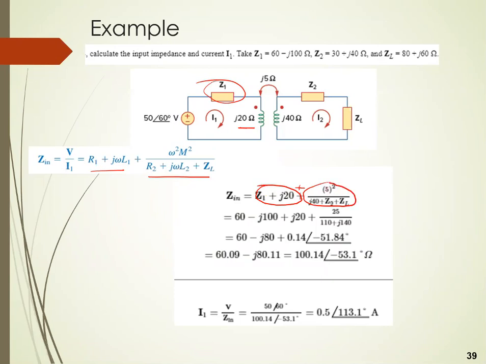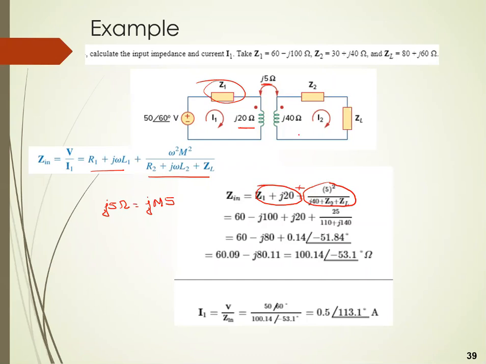So the reflected impedance, again, is going to be equal to, if you notice from here, omega squared M squared, because if you remember, for the mutual impedance, this j5 ohms is really equal to j omega M, right? So that's what this is representing here. So when you square that, it's just the 5 that you're squaring, right? The omega squared M squared is just the 5 squared for this term here.